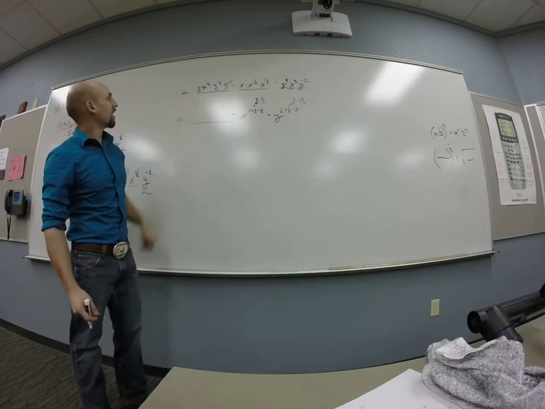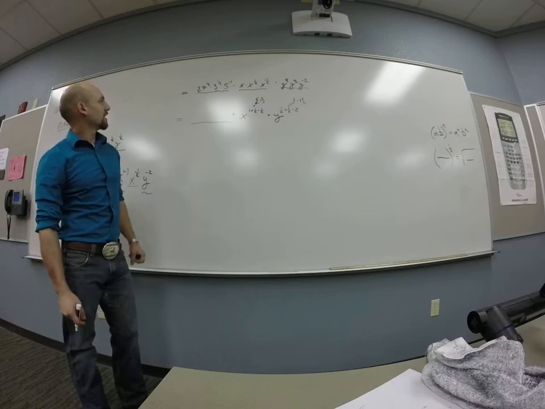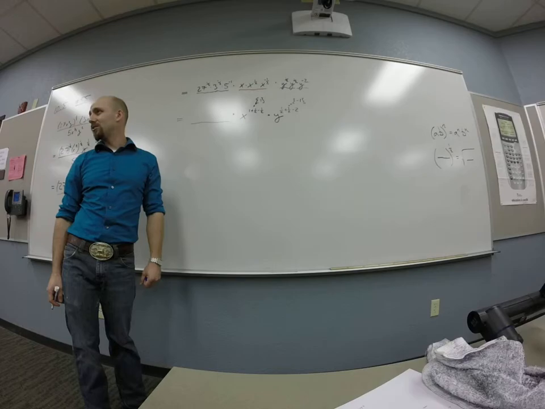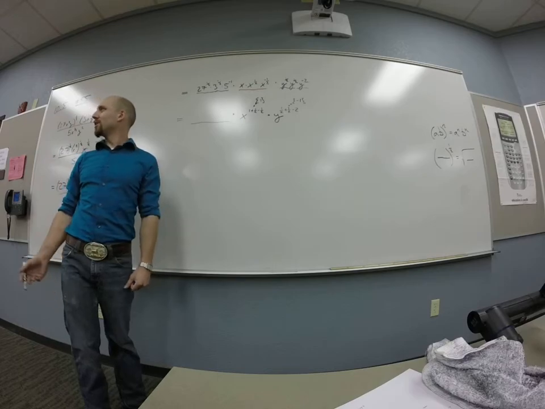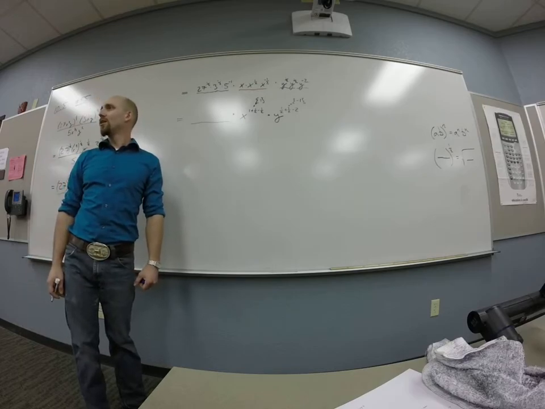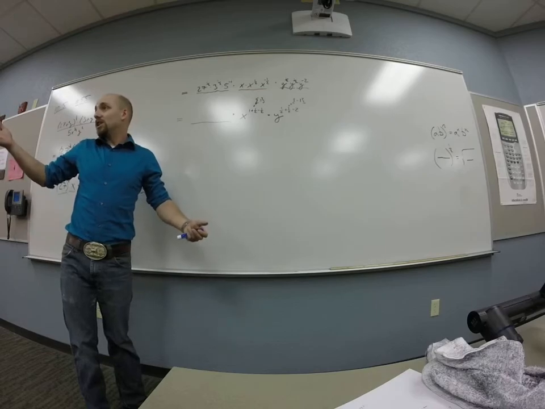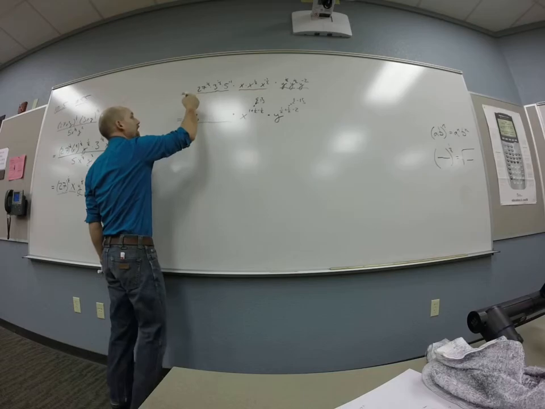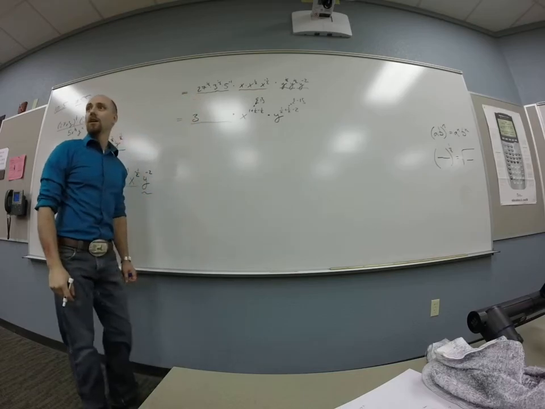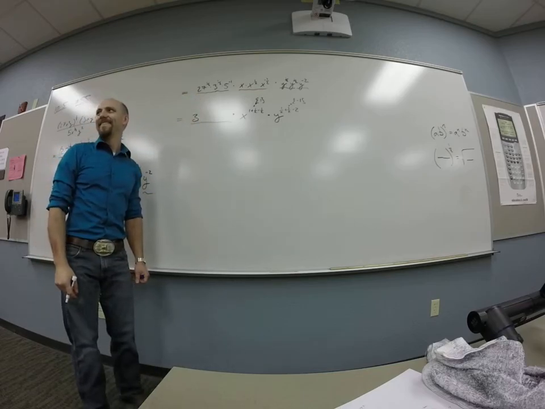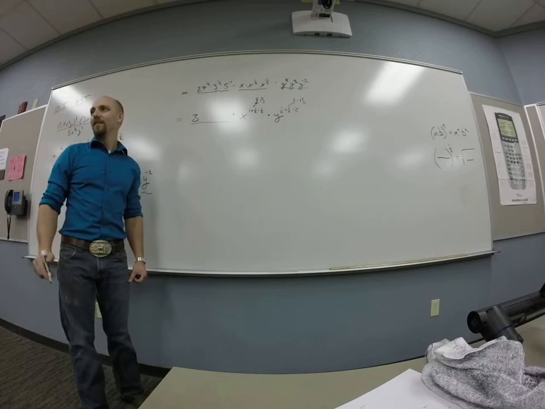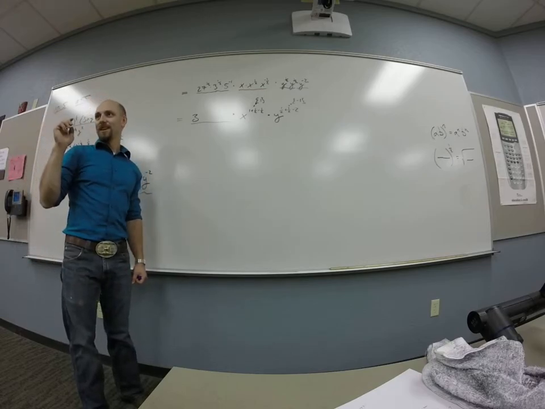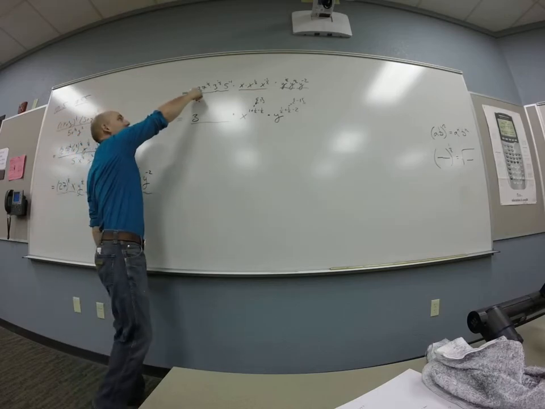Over here, what have I got? I'd like to think about 27 as 3s, because then I can combine stuff. How many 3s are there? 3 times 9 is 27, so 3 times 3 times 3. So 27 is 3 cubed.